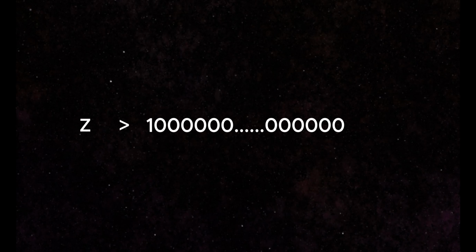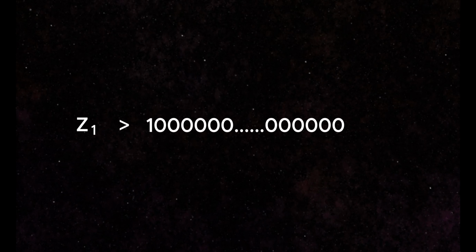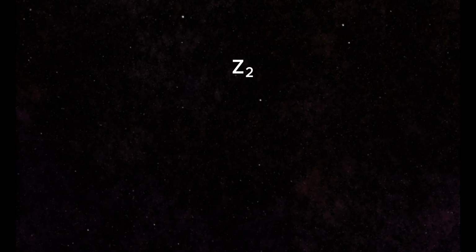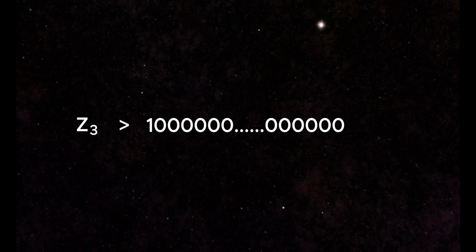But we can use the same process here, where we find the number of digits and call that z1, and then find the number of digits in z1 and call that z2, and so on and so forth. But wait, how many times do we have to repeat this process with z to get a number of digits smaller than Google?